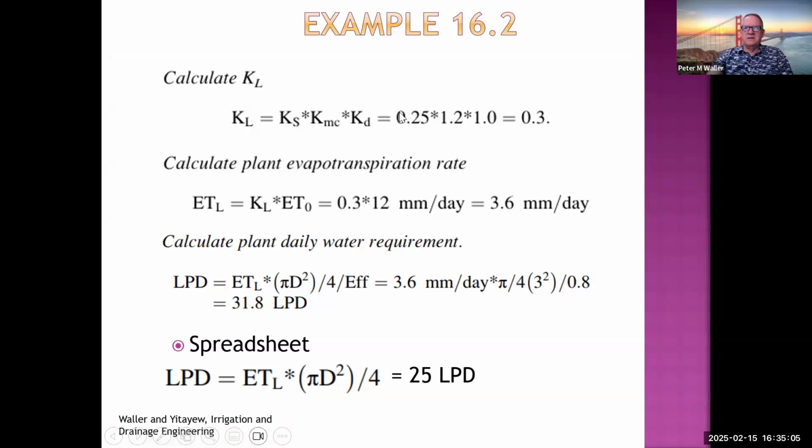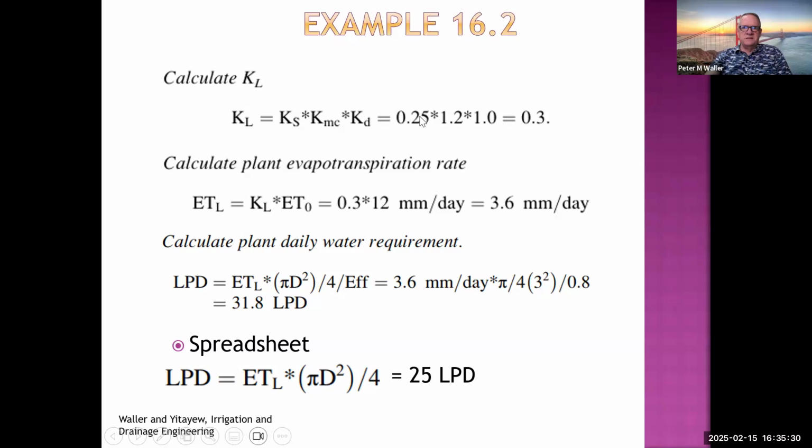So these are the example calculations. The first step in the calculation of the plant water requirement is to find the evapotranspiration rate. First, the landscape coefficient is the product of the species coefficient, microclimate coefficient, and density coefficient. In this case, the tree is in a hot location.